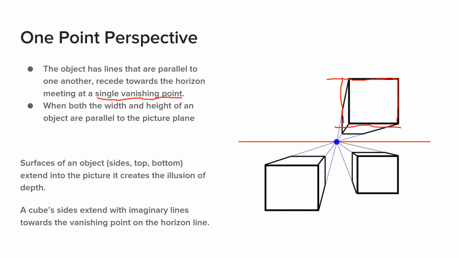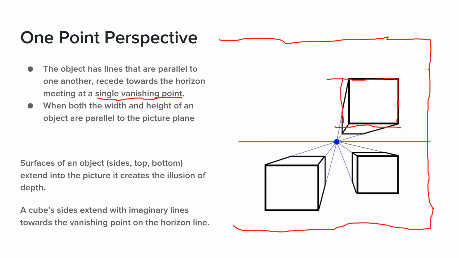So to our next point, when both the width and height of an object are parallel to the picture plane, we're using 1-point perspective. So we talked about these parallel lines here that I just circled. The picture plane is going to be where our drawing is held. I'm sorry for my shaky drawing skills on the computer. So if this is my awful ripped, torn piece of paper, I'm going to switch colors.